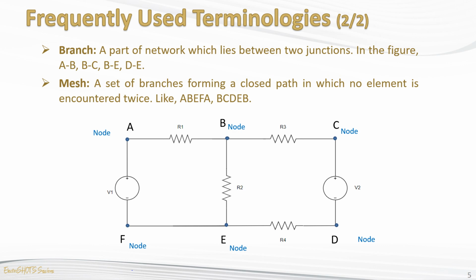And the point of junction of many such branches, more than two branches, is known as a node. What is a mesh? A set of branches which forms a closed loop in which no element is encountered twice. In this case, you can label the mesh as A, B, E, F, A. This is one mesh. Another mesh is B, C, D, E, B.